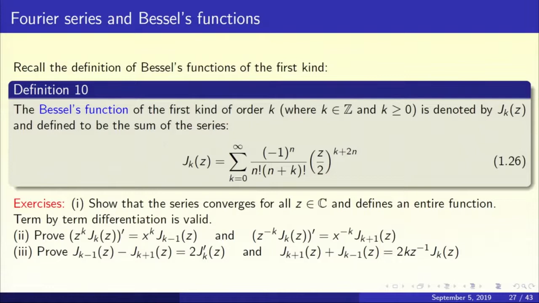What is the radius of convergence of this power series? How does one find the radius of convergence of any power series? The first thing that comes to mind is to apply the ratio test. One can actually apply the ratio test here, and one checks immediately that the radius of convergence is infinite.